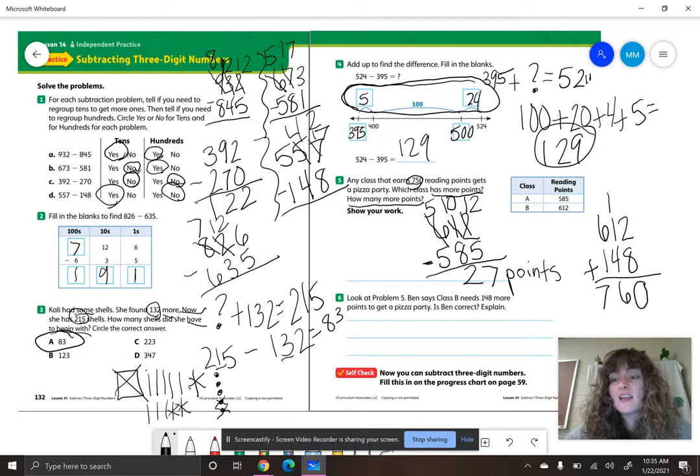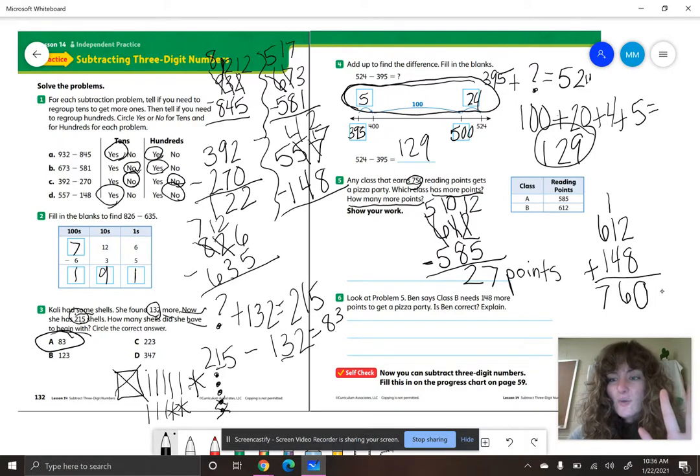Our ones, they look great. But our tens, how many more tens do we have than we need? So if I only need 5 tens, but Ben says 760, we need to take away a 10.